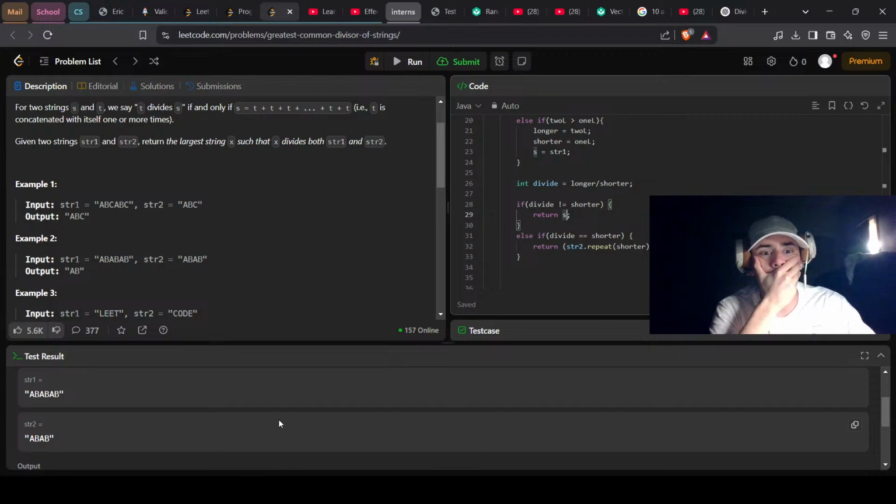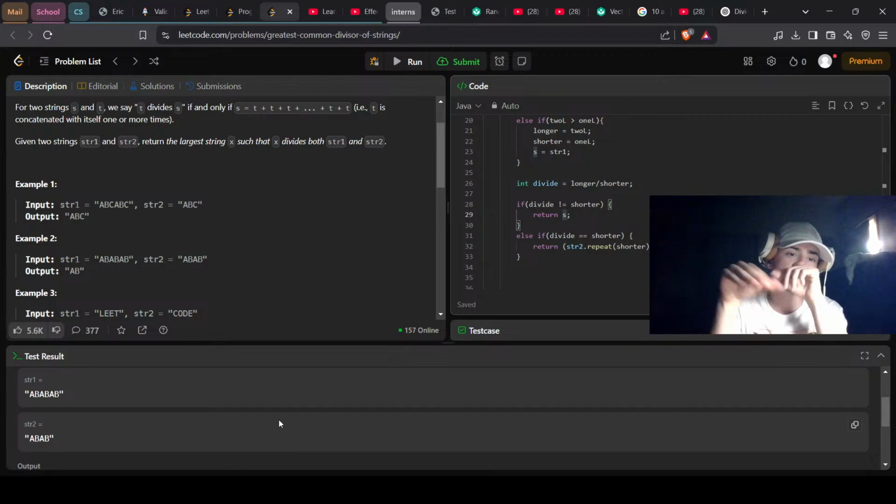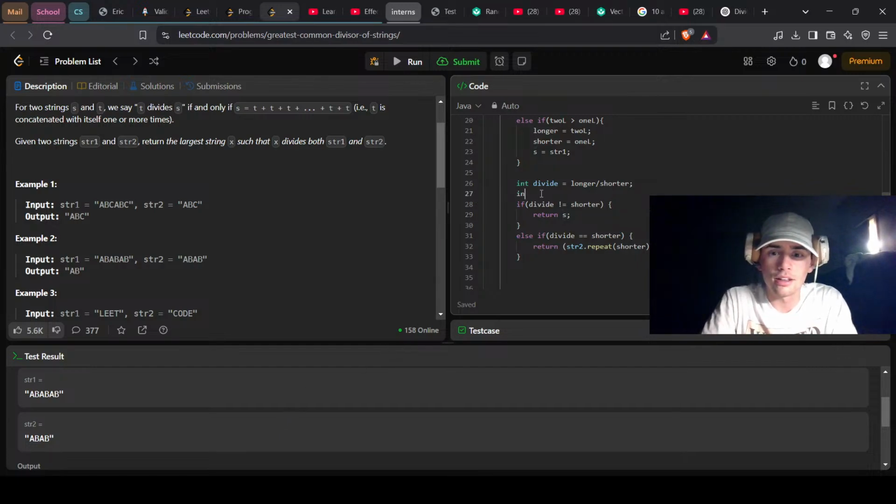There's a third that. Oh wait, if I do the longest one minus the shortest one, 2, 3. So if we do int sub equals longer minus shorter, then we should just print.